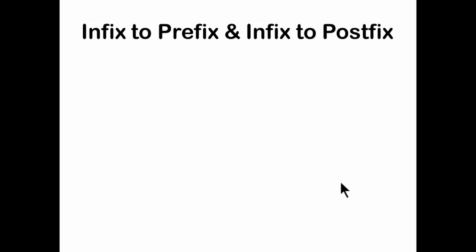Now if you want to convert any infix to prefix or infix to postfix, how will you do that? Let's take two equations. You will see that infix is a plus b into c. Now if I ask you how many operands are there, you will tell me 3: 1, 2 and 3. How many operators are there? There are two operators, multiplication and addition. Now if I ask you which one of the two would be operated first?